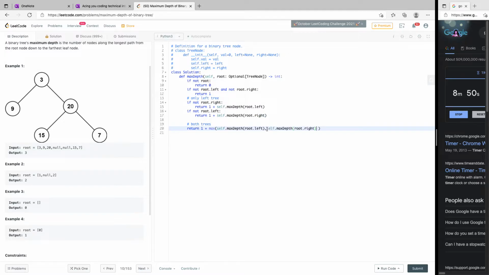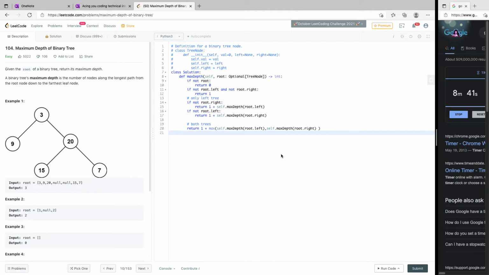So this should do it. Recursion is very difficult to simulate and explain in a walkthrough. But through a number of practices and handling the base cases correctly, you can have a rough idea that what you're doing is correct.